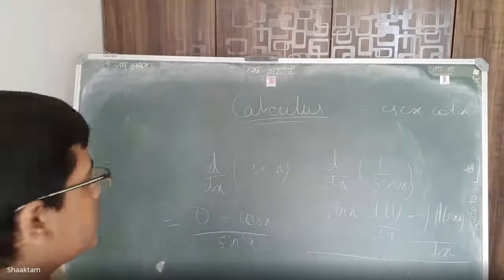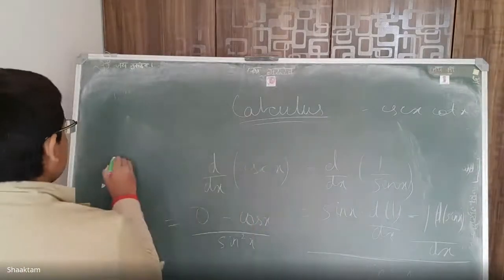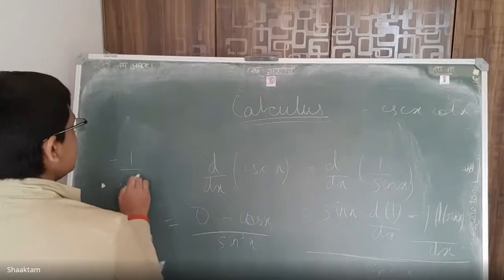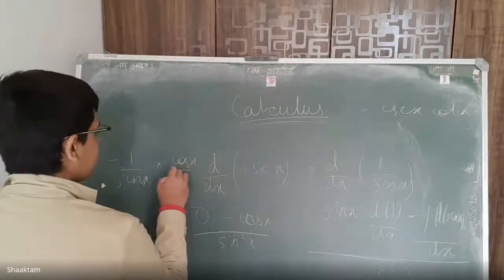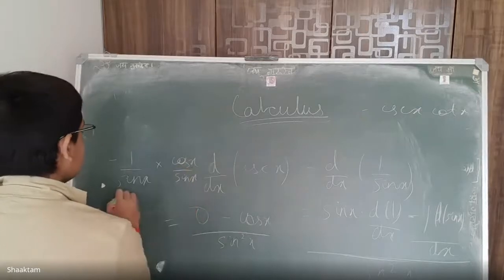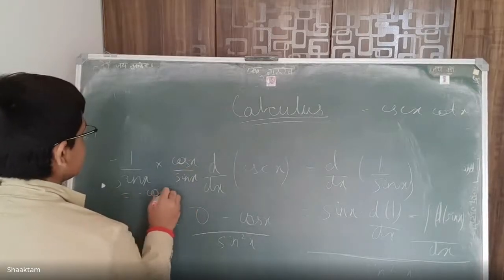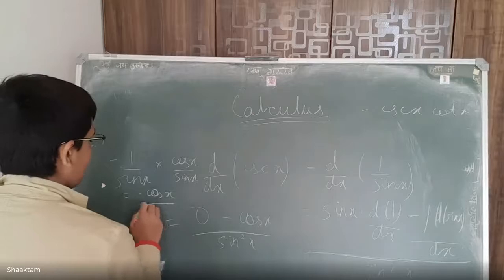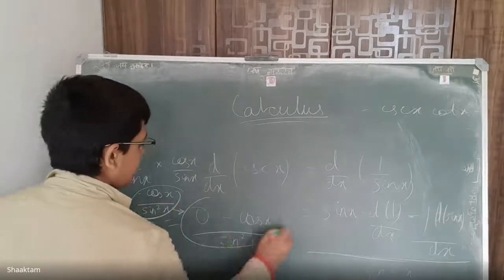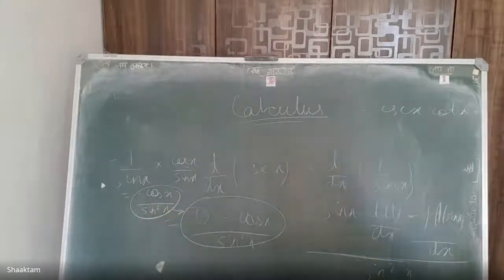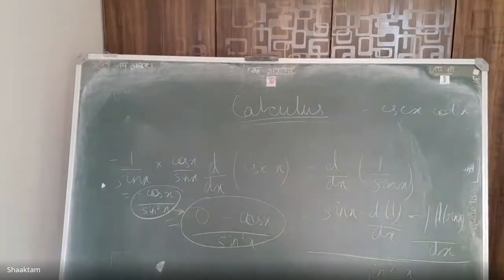Now, minus of cosec x cot x will be nothing but minus of 1 by sine x into cos x by sine x, which is minus of cos x by sine square x. Fine?